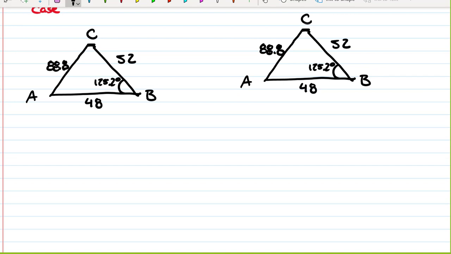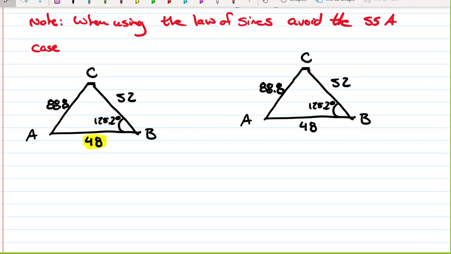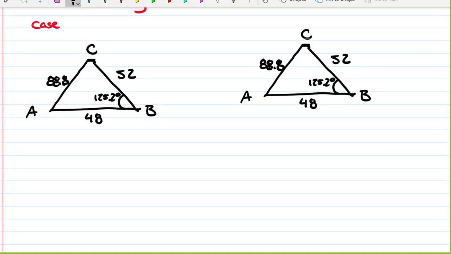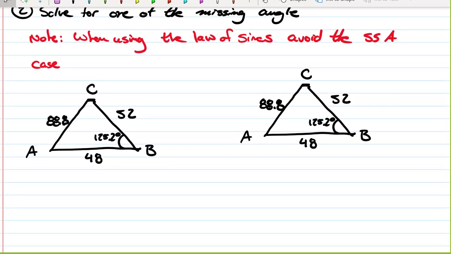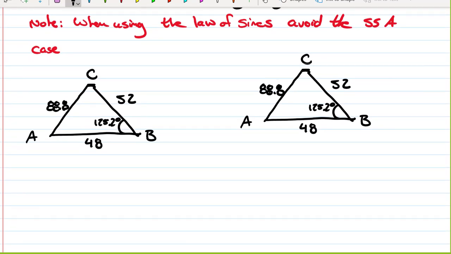So for us, let's go ahead and solve for angle A. In this case, let's just go ahead and use the law of cosines, which will bypass this problem completely.